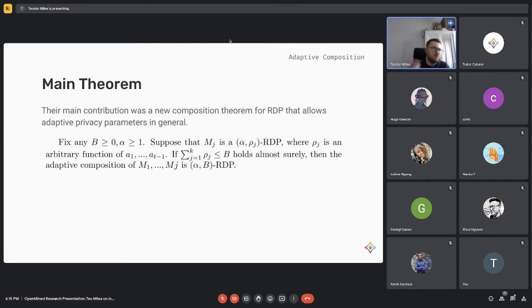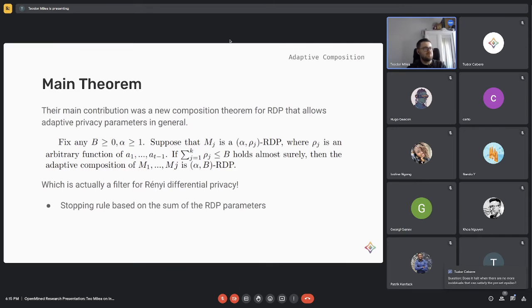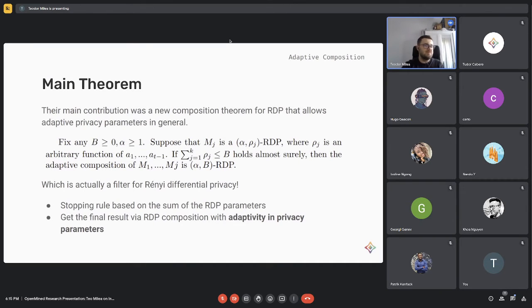I mean, it holds almost surely. Then we say that the composition of all these algorithms is (alpha, b)-RDP. So this is actually a filter for RDP because, one, we have a stopping rule based on the sum of RDP parameters, and two, we get the final results using the RDP composition with adaptivity in privacy parameters, because rho_j will be a function of all the other outputs.